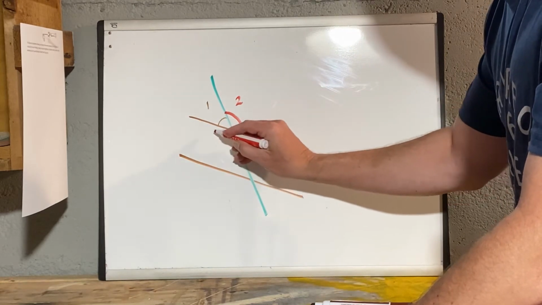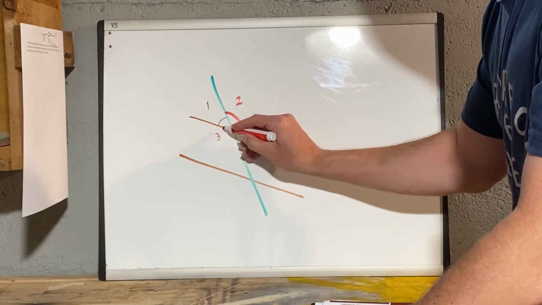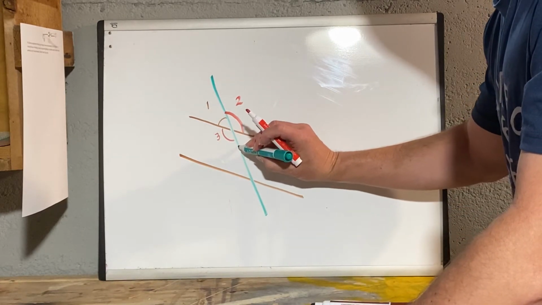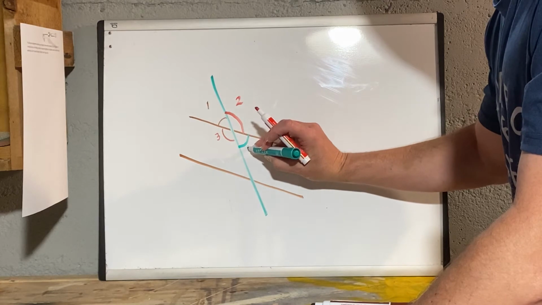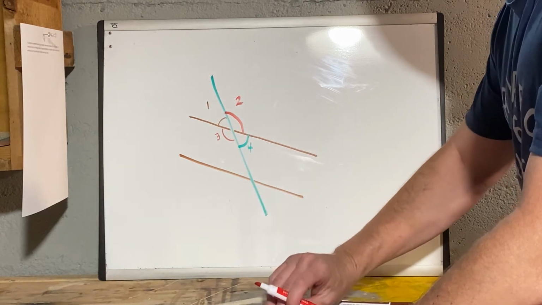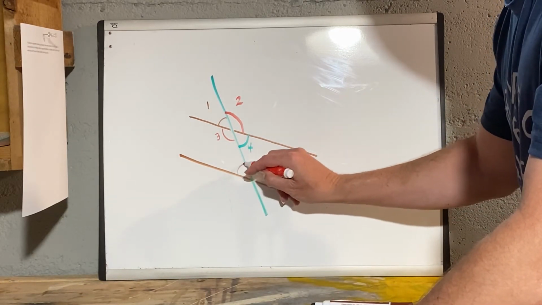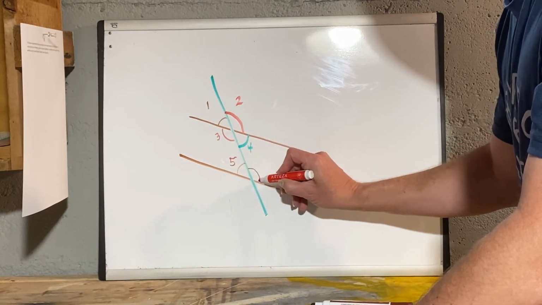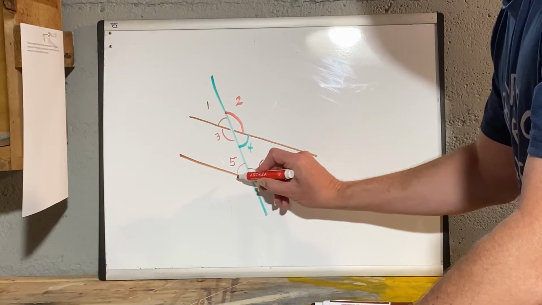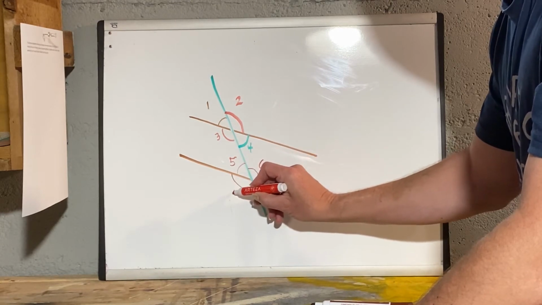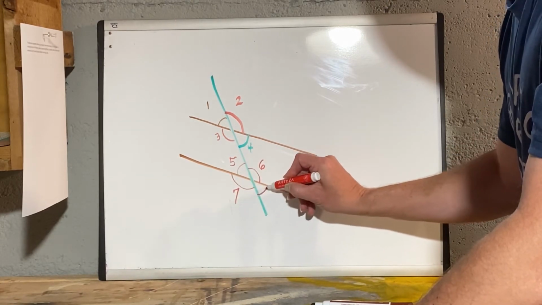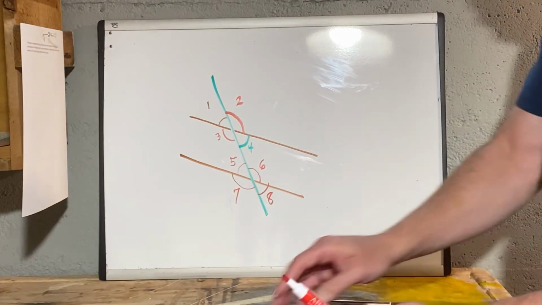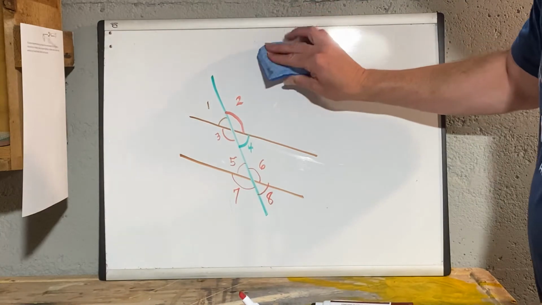There's an angle here. And another angle here. We've got an angle here. And an angle here. We've got an angle here. And an angle here. We get 8 angles when we draw two parallel lines and a transversal.